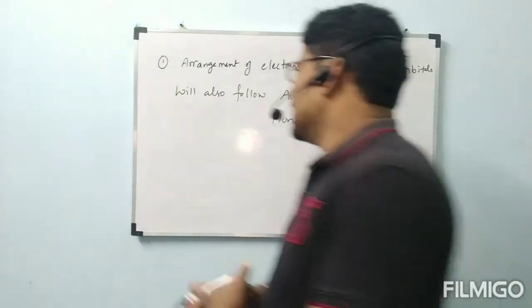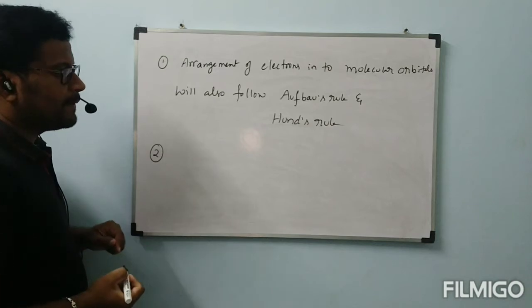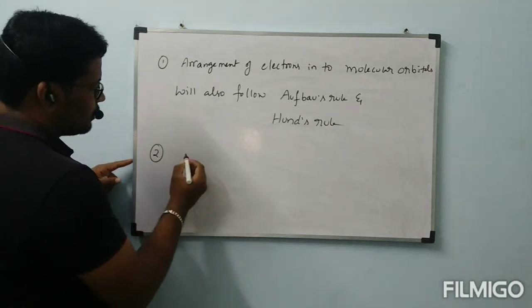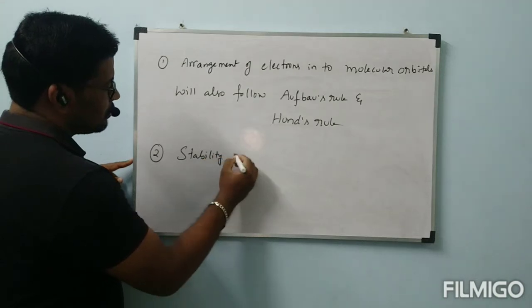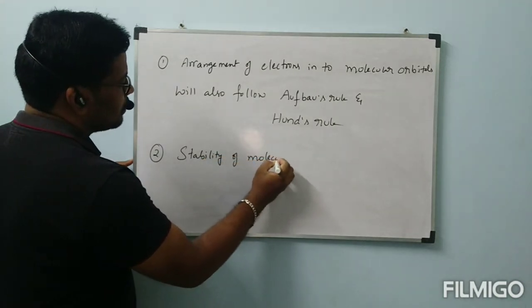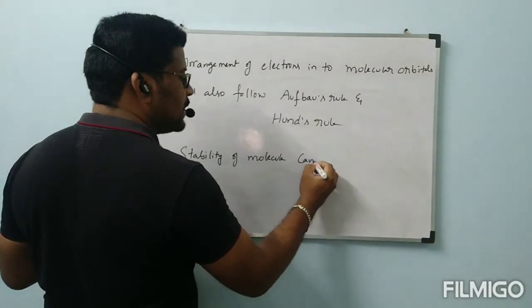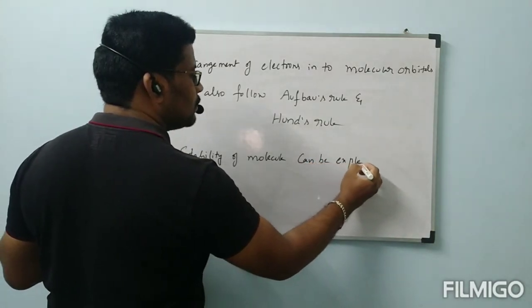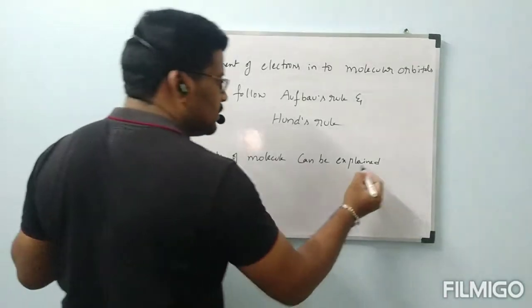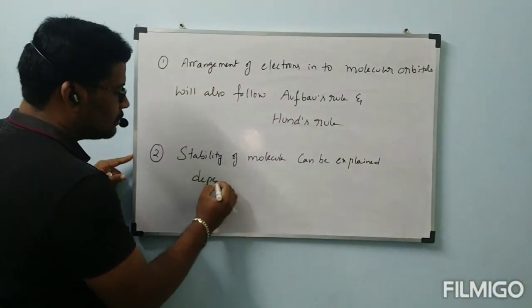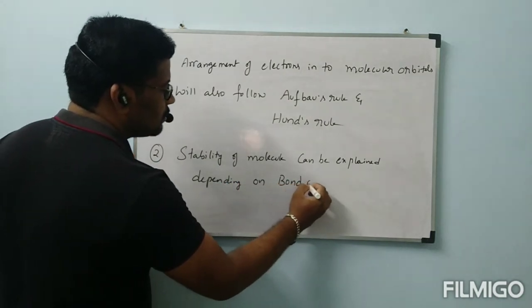Okay, next. Second point: stability of molecule can be explained depending on bond order values.